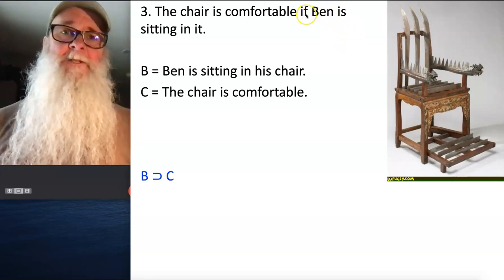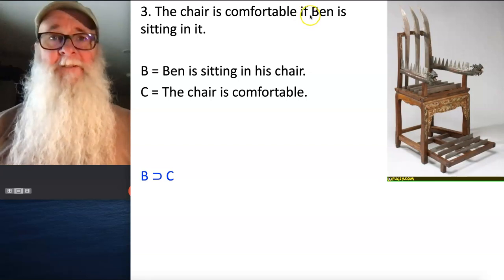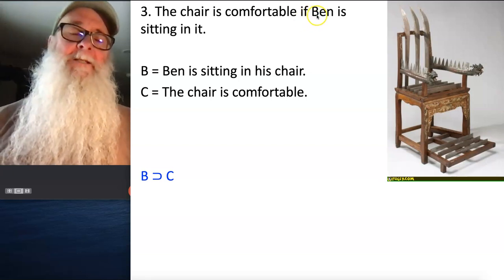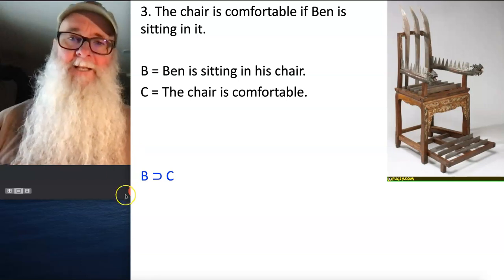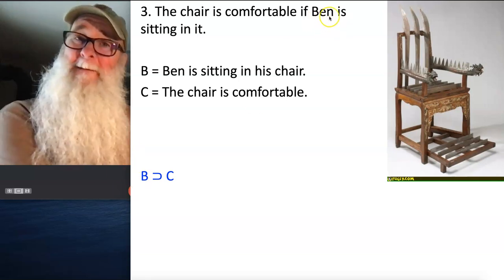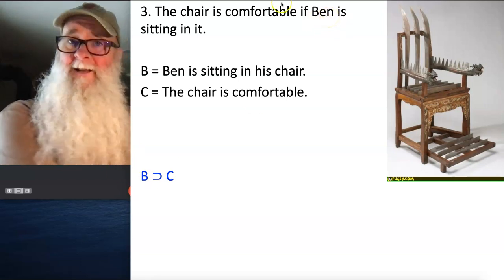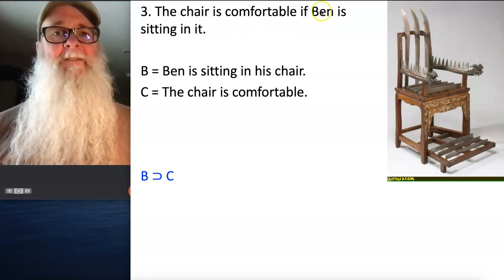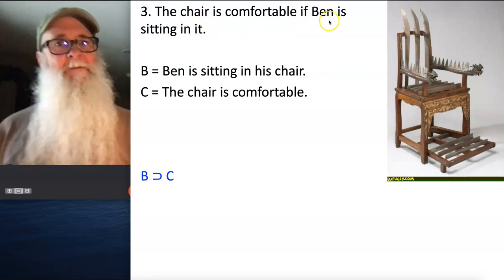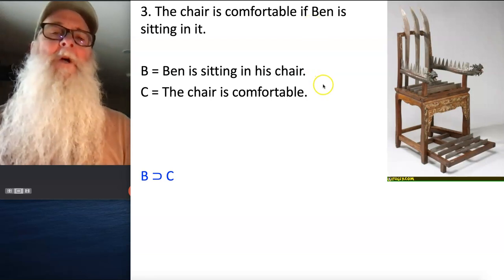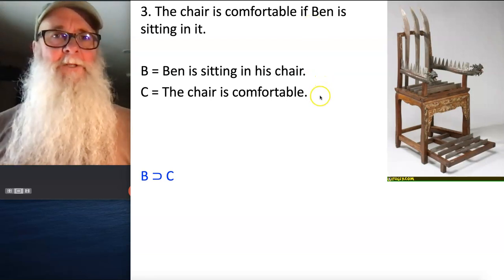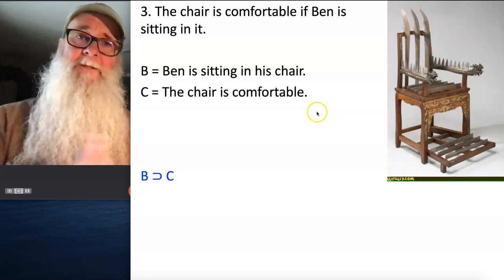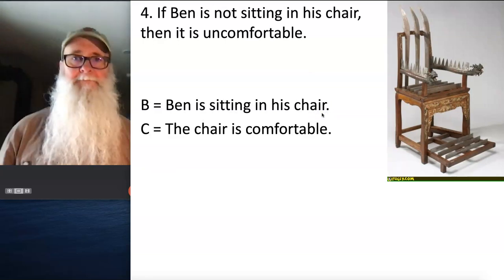Sometimes when we have conditional statements, statements that use the word if or its equivalent, the first part of our symbolized sentence, in this case B, may appear later in the sentence. It's not always going to appear at the beginning of a sentence. So we always want to remember that rule. Whatever follows the word if or its equivalent is going to appear on the left-hand side of the horseshoe. Whatever follows the phrase only if is going to appear on the right-hand side of a horseshoe.